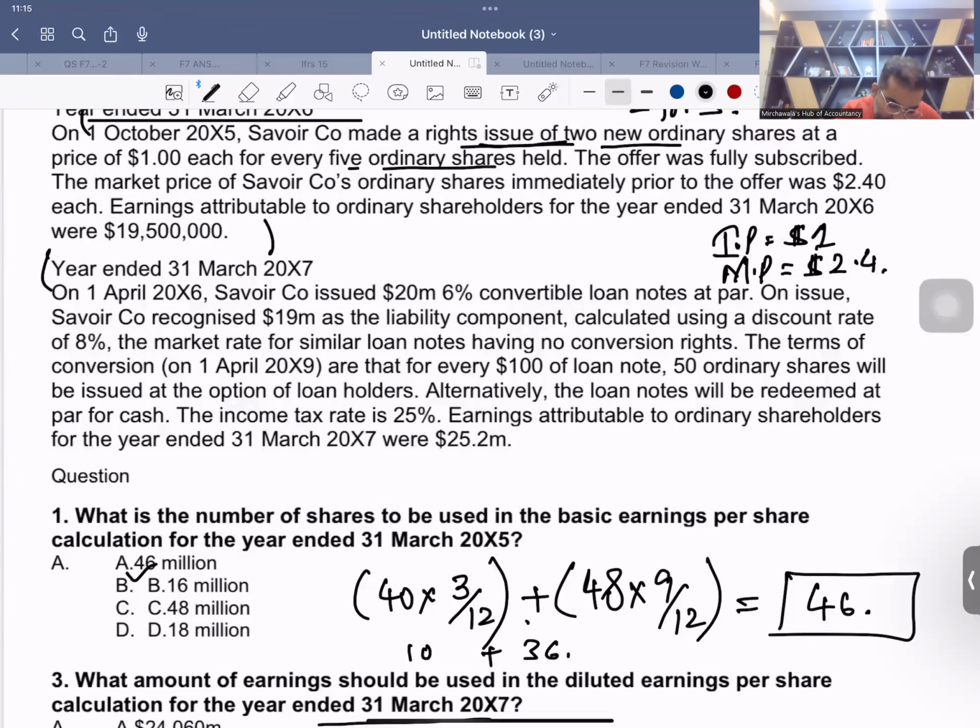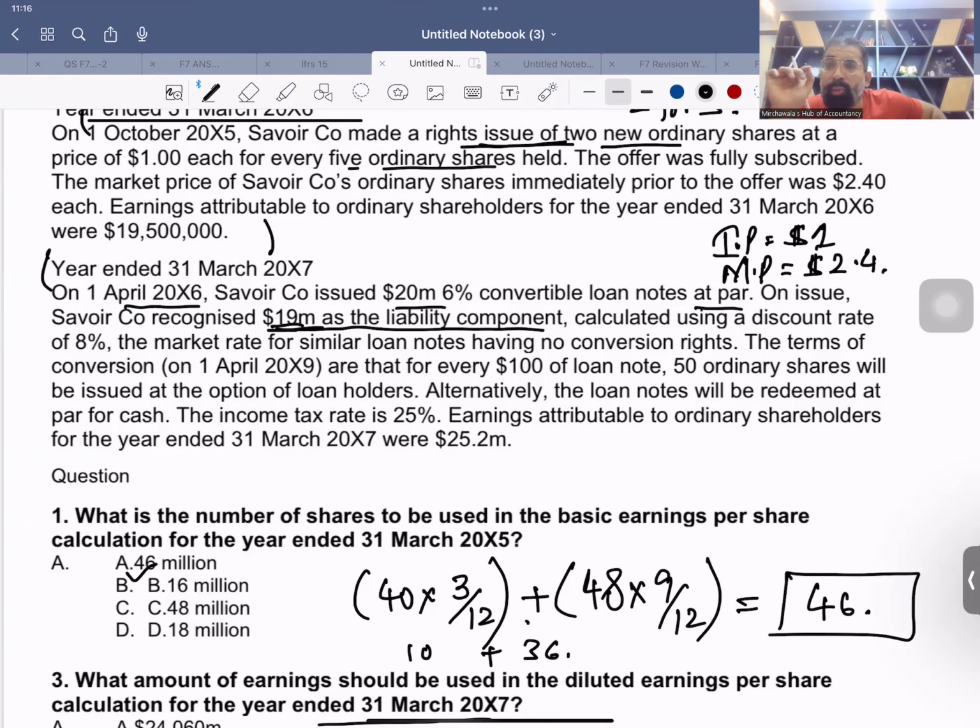On 1st of April X6, Savoy company issued 20 million 6% convertible loan notes at par. On issue, Savoy company recognized 19 million as the liability component. I hope you remember by now that in convertible loan notes there are two elements: one is equity and one is liability.